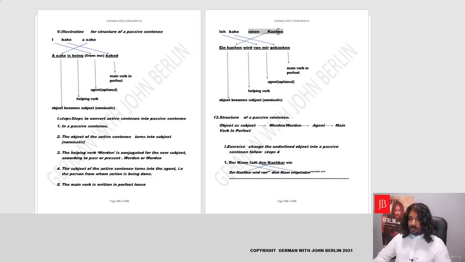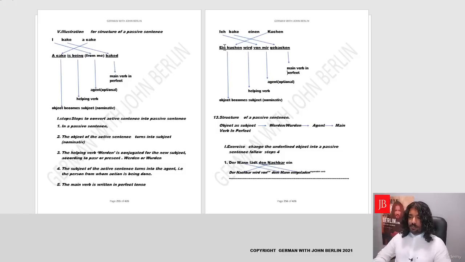And einen Kuchen, the object of the sentence, who bakes what, will now become the subject, ein Kuchen. So why did it become ein Kuchen from einen Kuchen? Here it was written primarily in accusative. Who bakes what? So it was einen, but now it becomes the subject. That means it becomes nominative. So when the object turns into the subject in passive, it'll be written in nominative.